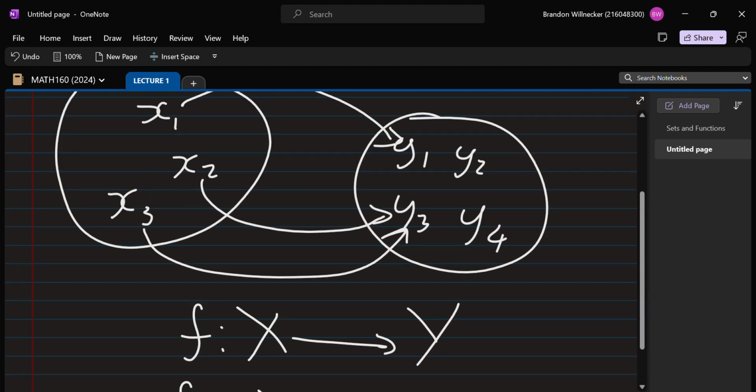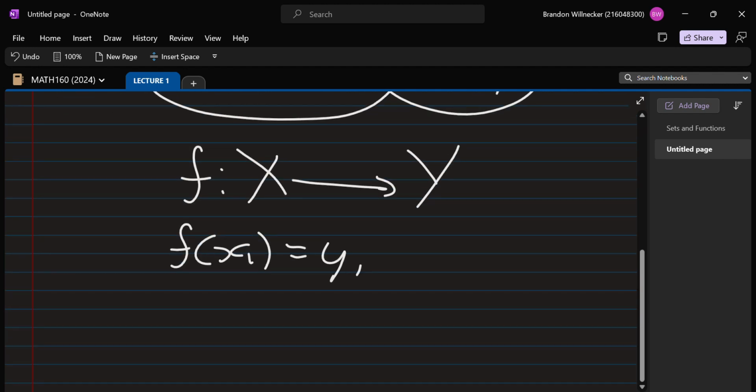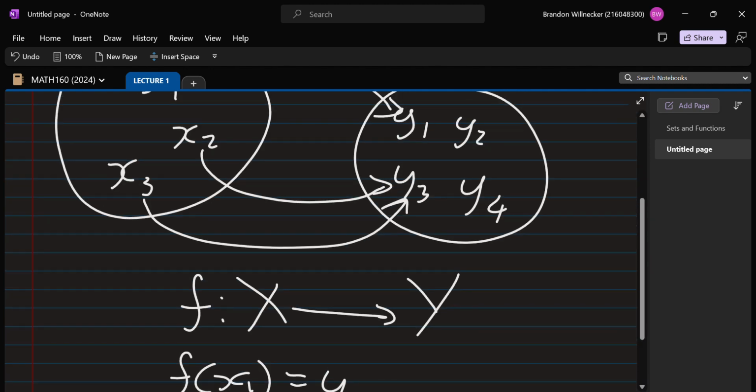What about x2? x2 goes to y3, so we write f eats up x2, it goes to y3. We're just writing it differently. It's exactly the same as the picture, maybe a bit nicer like this. What about x3? Well, x3 also goes to y3. No problem with that. All we said is the mapping from x to y.